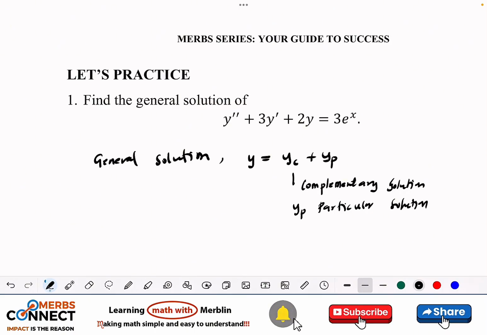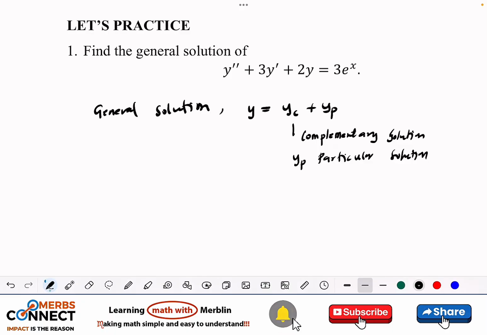Good. And you are going to understand it better. And I said, for us to find the complementary solution, we need to consider the homogeneous aspect. So we are going to start by saying, for the complementary solution, as I said, I will be writing a lot in the first example because I want you to understand what we are doing before I go straight forward to the solutions.